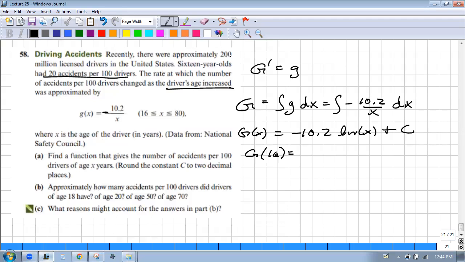is 200 million. How can we say this? If there's 200 million, they aren't all 16-year-olds. We don't know how many 16-year-olds. We just know that there was 20 accidents per 100. That means 1/5 of them. How do we get a number there?